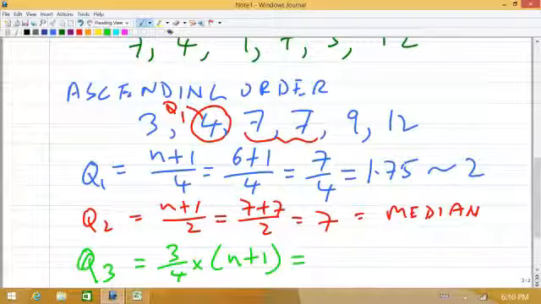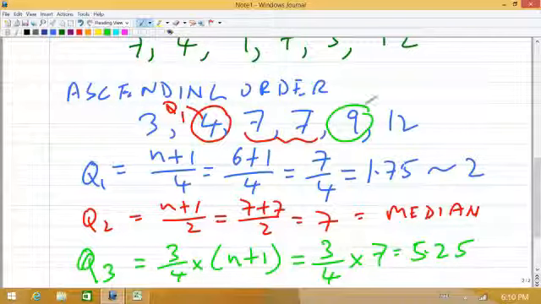Looking at the data, basically 3/4 times 7, or 7 times 0.75, equals 5.25. In this case, 5.25 is closer to 5 rather than to 6. So 1, 2, 3, 4, 5. So this would be our Q3.